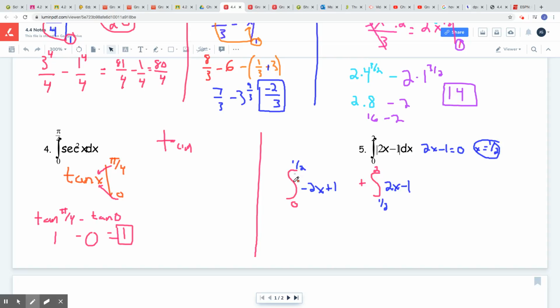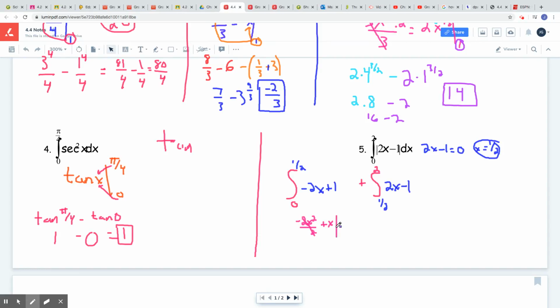So if I plug in something and get a positive, I keep it the same. If I get a negative, I switch it. Now we're going to do what we've been doing in all the other problems. It's just two integrals. That's it. So when I integrate negative 2x plus 1, I get negative 2x squared over 2 plus x, but the 2's cross out, so it's just negative x squared plus x.